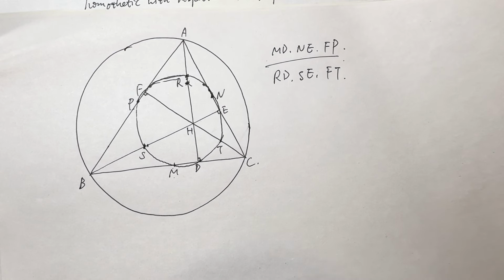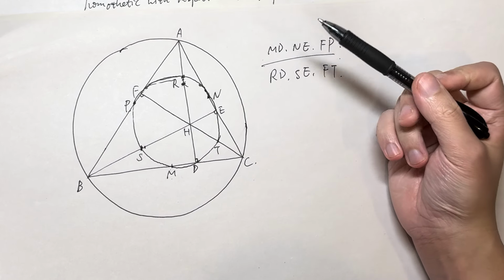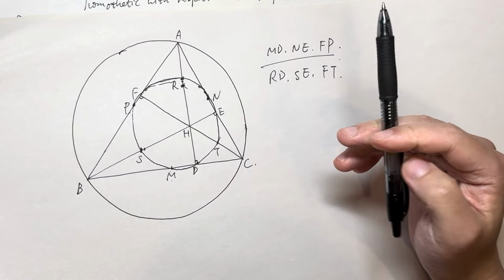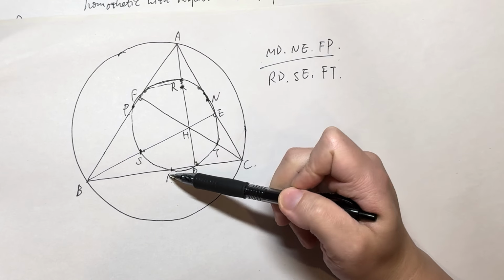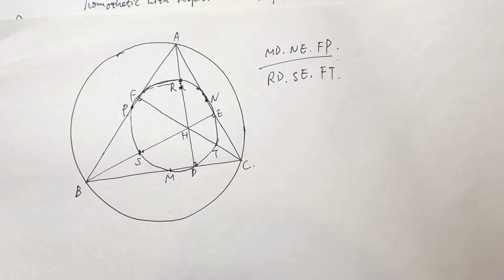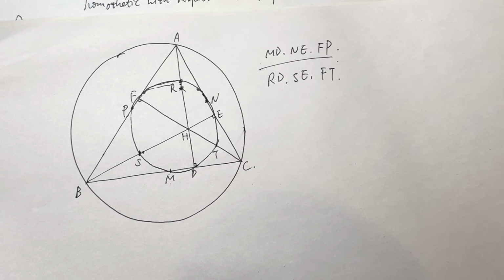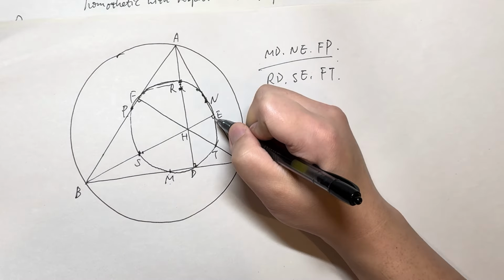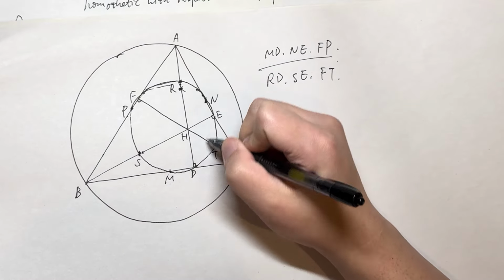Right? The first thing is that we want to find the triangle formed by MD, NE, and FP. So this can be done this way. Let's just think about connecting DE, right?